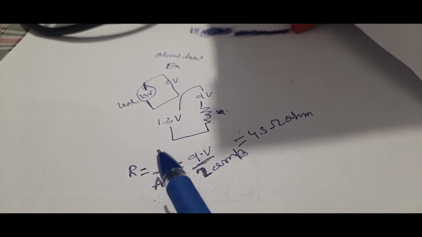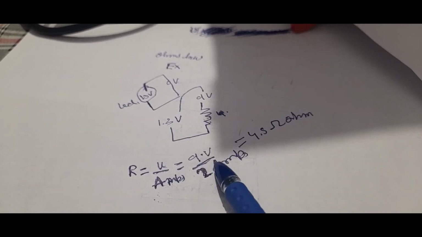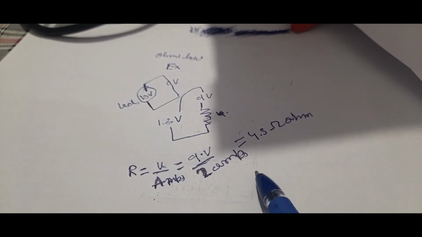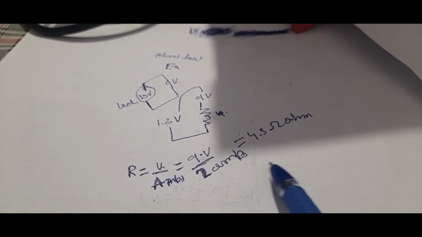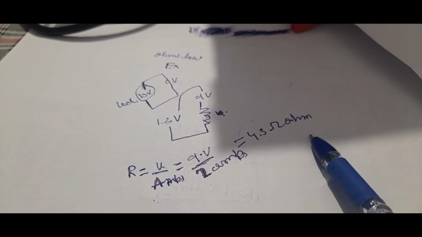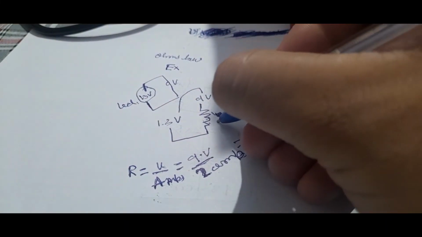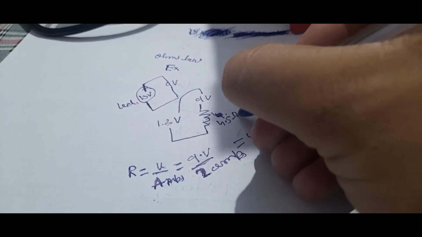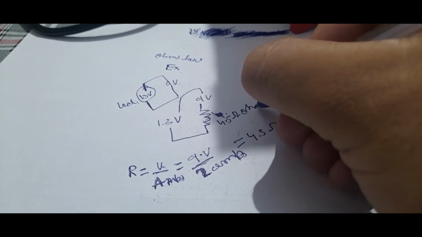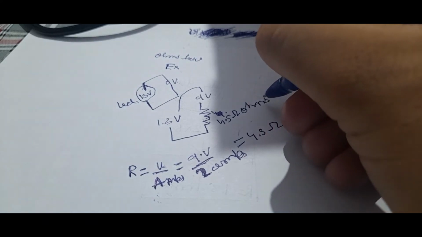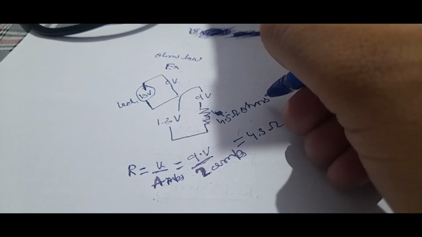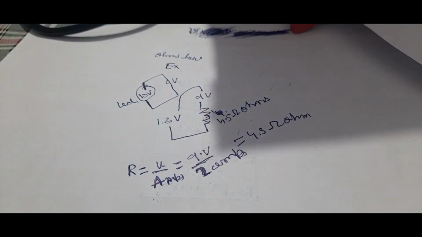The unit of current is ampere, if you know. So this is equal to 9 volt upon 2 ampere, and we get 4.5 ohms. So I am going to take a 4.5 ohm resistor here, so that the circuit can work.